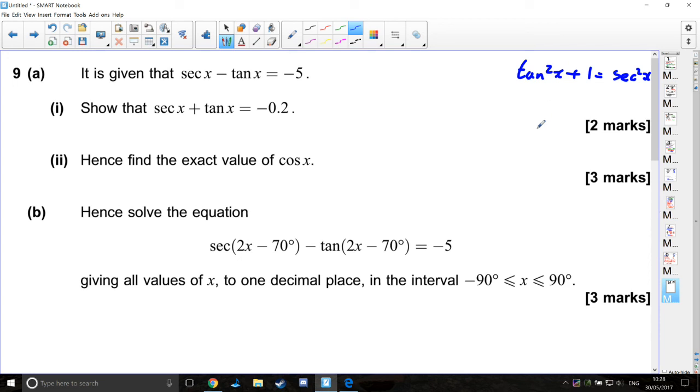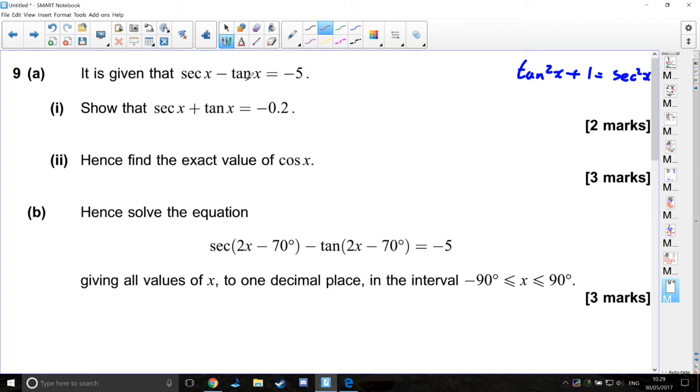That tends to be what I do most of the time, because it just means I've got less things to remember in my head. Right, so we can't actually use this because there's no sec squared or tan squared. And if I wanted to make one, I can't individually square things because that's a big no-no. But I could square both sides.